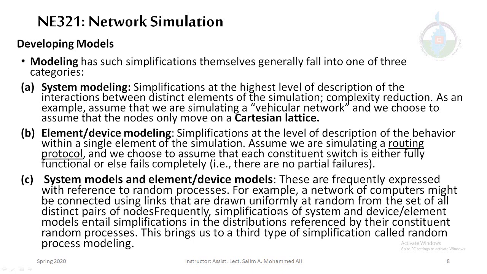Frequently, simplification of such system and device element models entails simplification in the distribution referenced by their constituent random processes. This brings us to a third type of simplification called random process models.